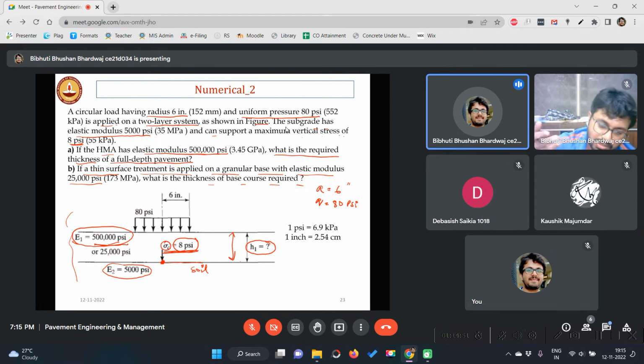If you remember from the numerical solved for the design, the lowest elastic modulus is for the subgrade, then granular layers, then bituminous mix, right? So the granular layer is only 25,000 psi. In that case, what will H1 be? At least you can tell me which H1 will be higher, in part A or part B? Tell me.